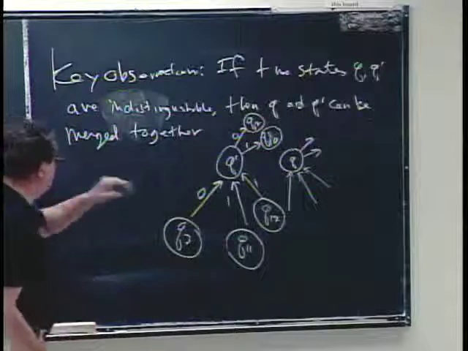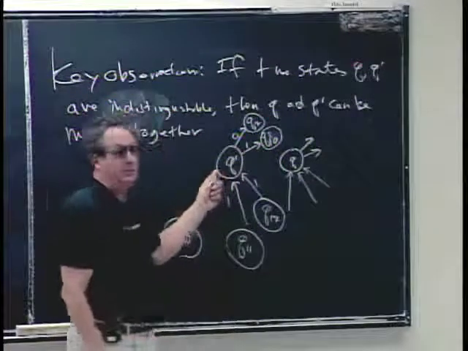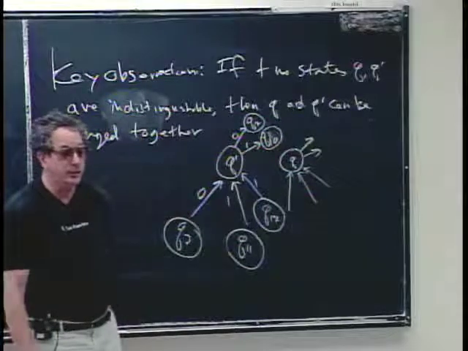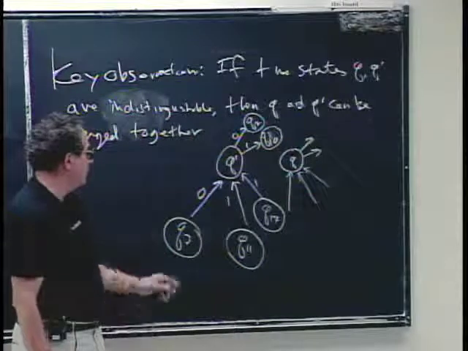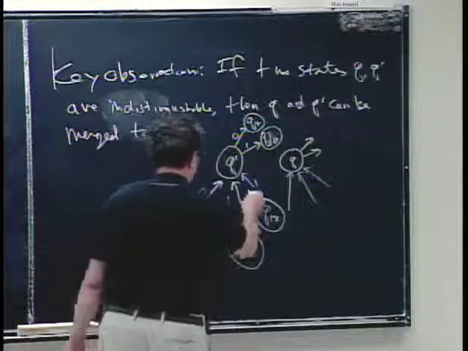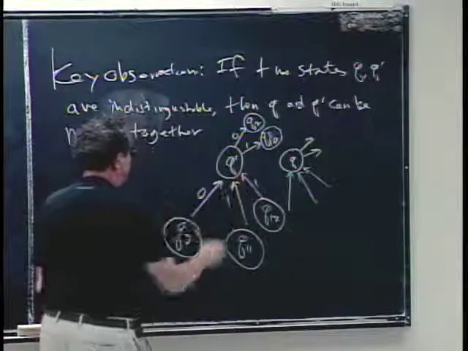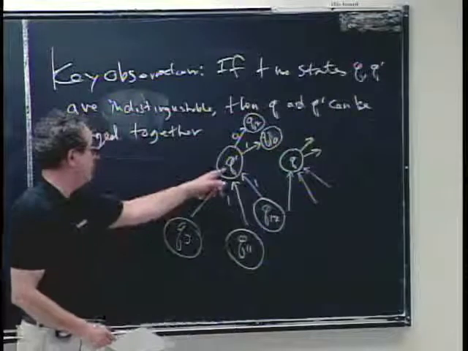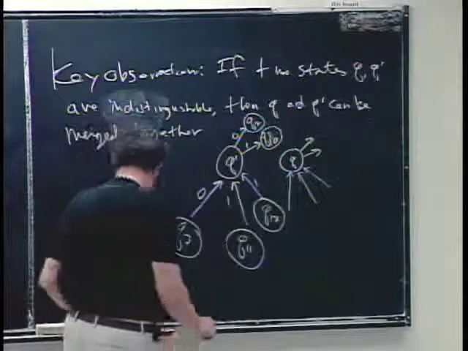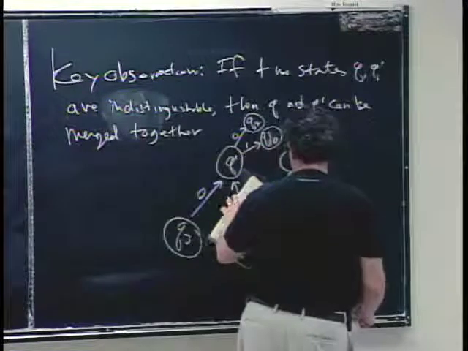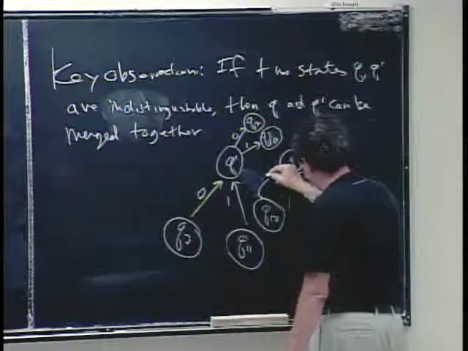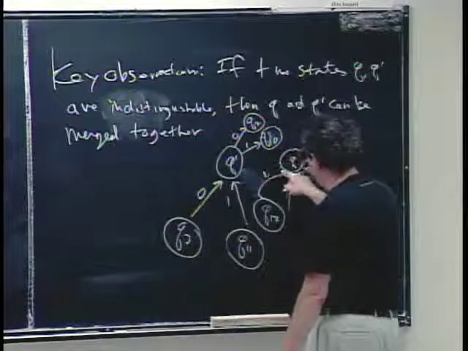Now, we've said Q and Q prime are indistinguishable. And that should allow us to merge the two states. So what we're going to do when we merge those two states is we're going to take all of the edges that come into Q prime and move them over to come into Q. So this one from Q17, instead of going to Q prime, it'll go over to Q, exactly on the same character that was used.